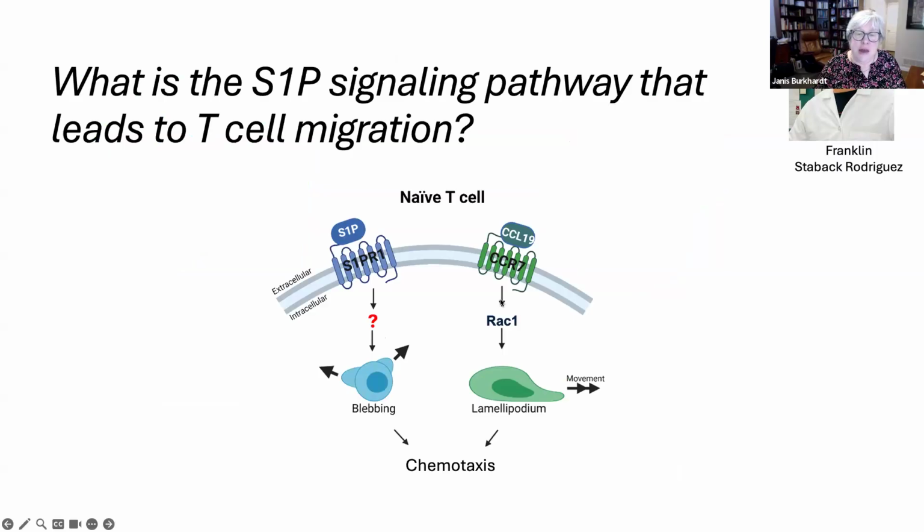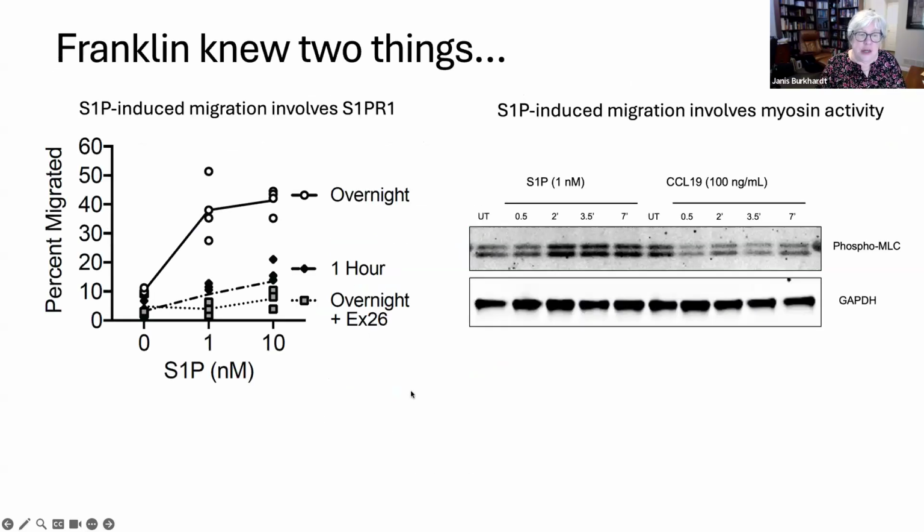And he's been comparing that to what happens with a better studied chemokine like CCL19 and its receptor CCR7. There we know these molecules stimulate RAC1 that gives you a WAVE-dependent branched actin polymerization that drives lamellipodial motility forward. So what's linking S1P to this bleb-based mode of motility?